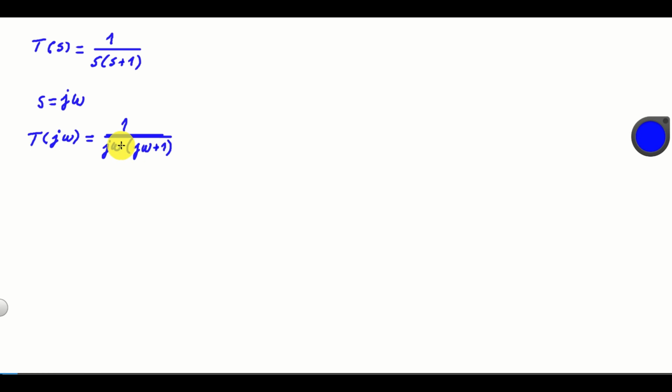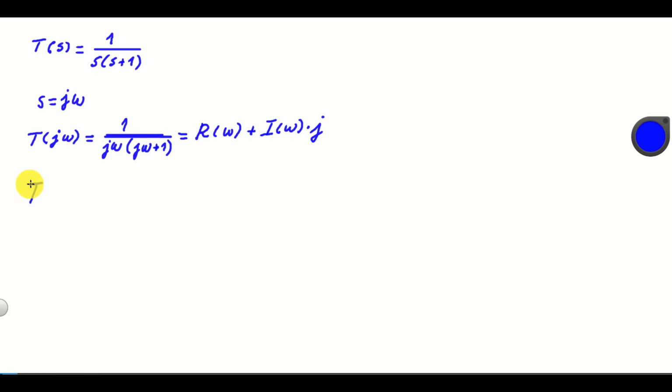Next, we need to write T of j omega as the sum of real part that will depend on omega, and over here we will have the imaginary part that will depend on omega multiplying the imaginary unit. So how to do that? Well, first of all, let's multiply these terms in the denominator. Let's see, what do we have?